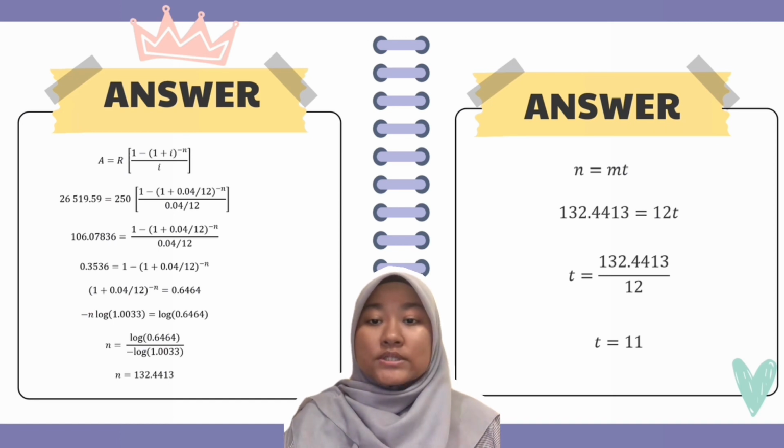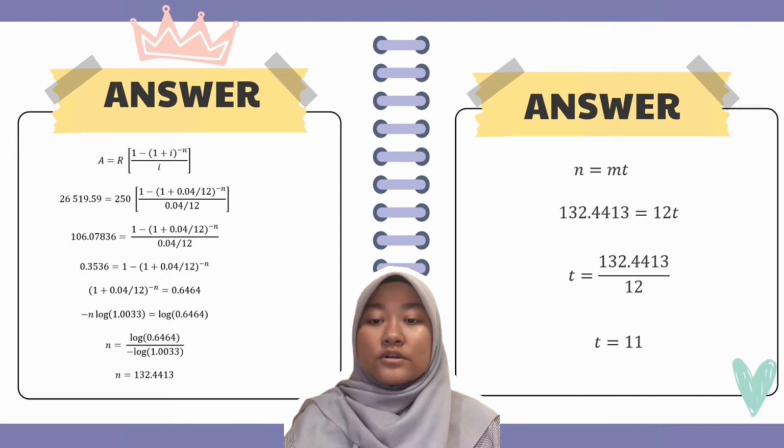A is 26,519.59 equal to 250 in bracket 1 minus (1 plus 0.04 divide 12) to the power of negative n, divide by 0.04 divide 12 in bracket. So we got 106.07836 equal to 1 minus (1 plus 0.04 divide 12) to the power of negative n, divide by 0.04 divide by 12.